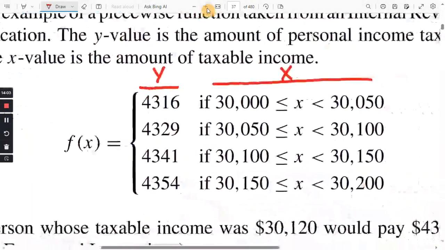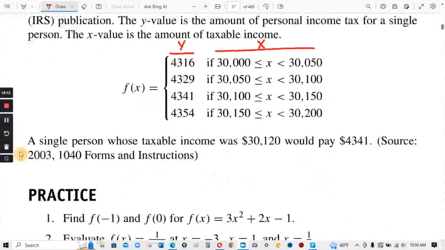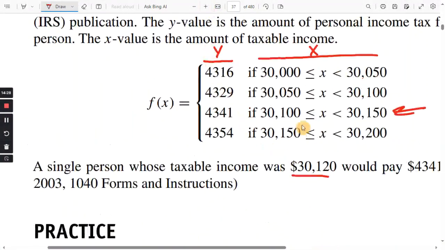So this is the income section, and this right here is how much you pay in taxes. All right, so a single person whose taxable income was $30,120 would fall into this range right here, and this is the amount that he or she would pay in taxes.